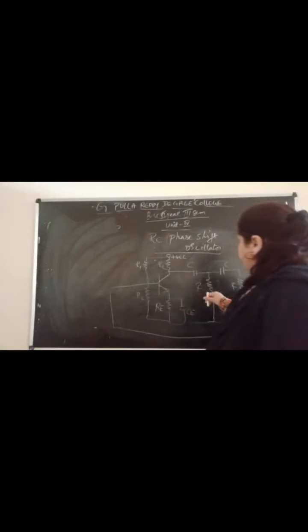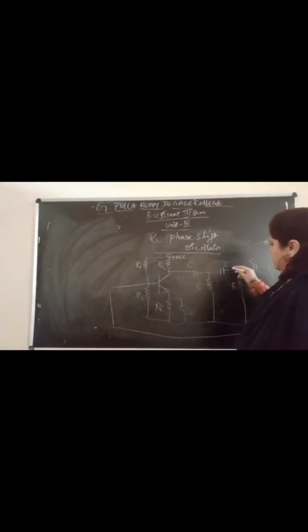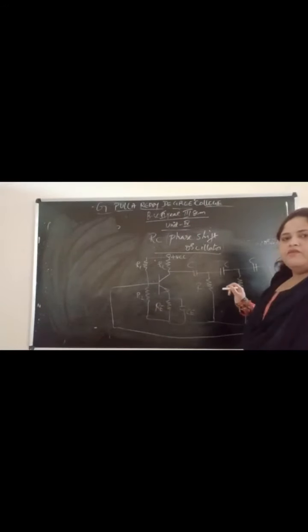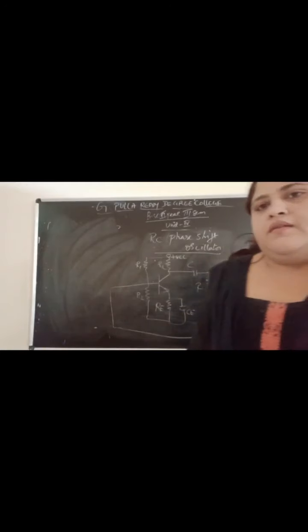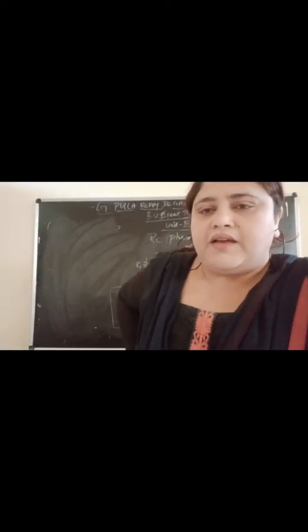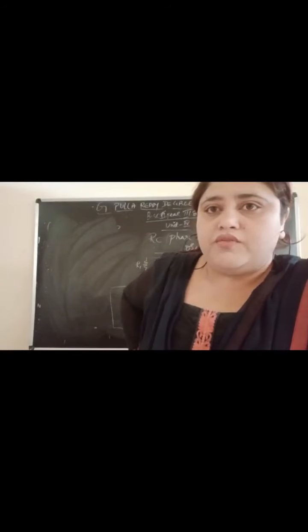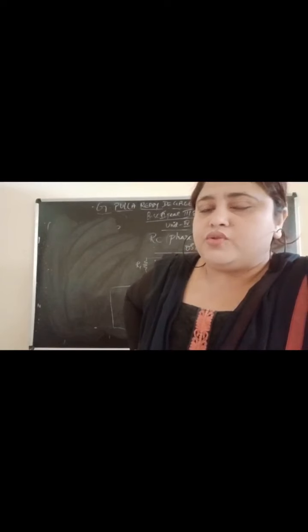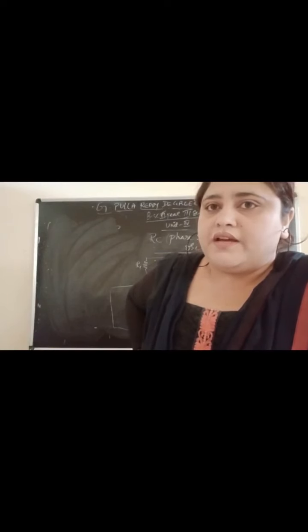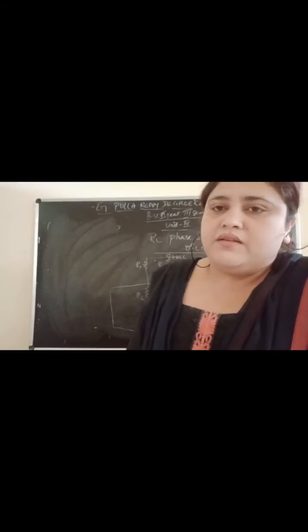In the feedback network we have drawn CR, CR, CR. In our next class I will tell you the brief description of the phase shift oscillator, but here you should be perfect in your circuit diagram. That's why I have drawn it.